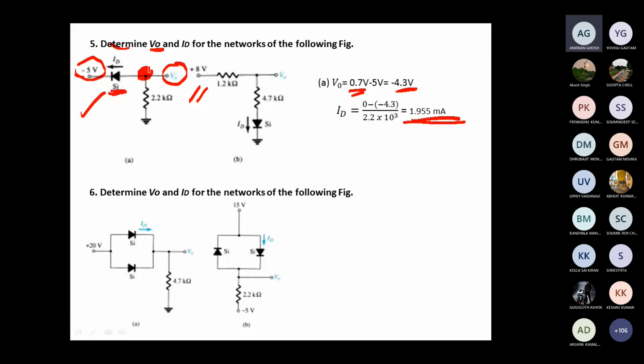Next one, very simple. Next, you are getting this one or this one. The B part. IDs are 1.4 I am getting.